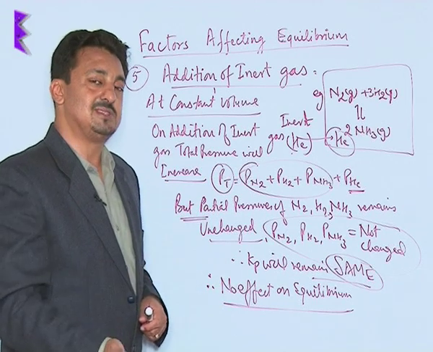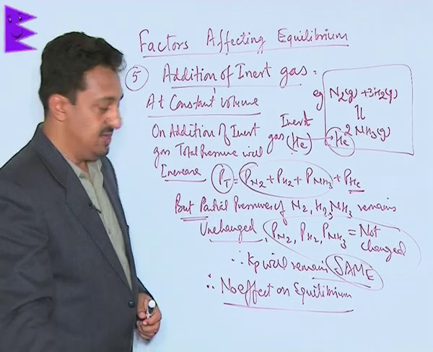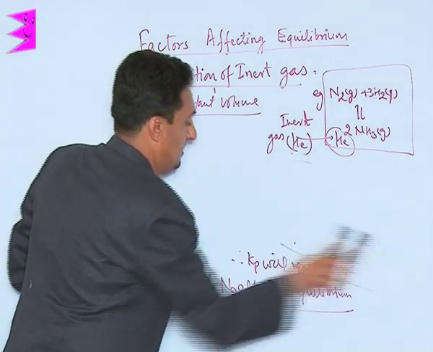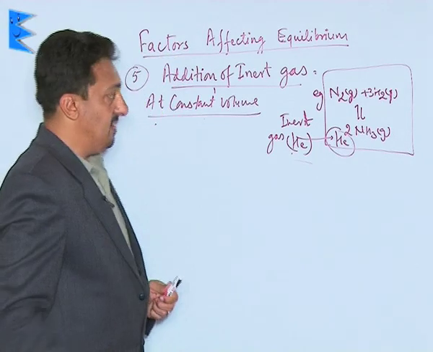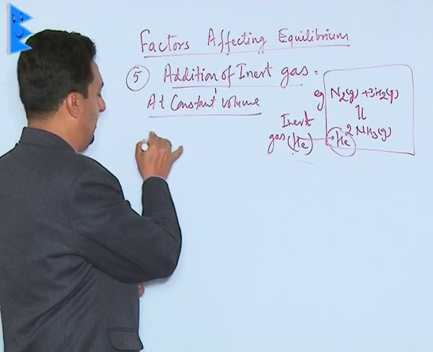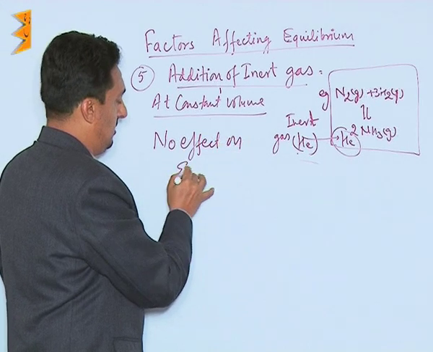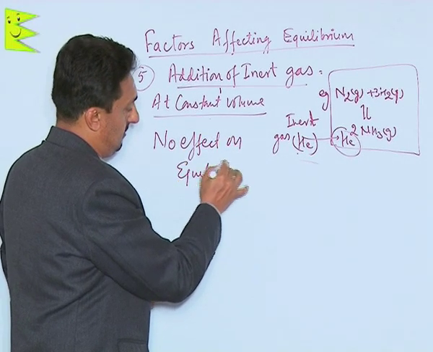So Kp remains the same, therefore no effect. So simply we can write that the addition of an inert gas at constant volume has no effect on equilibrium.